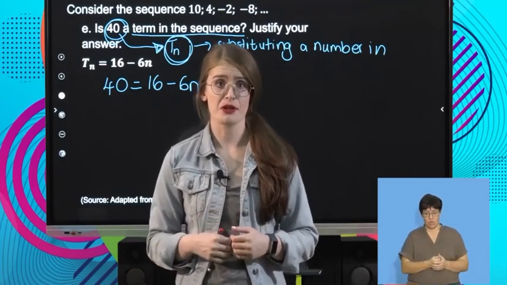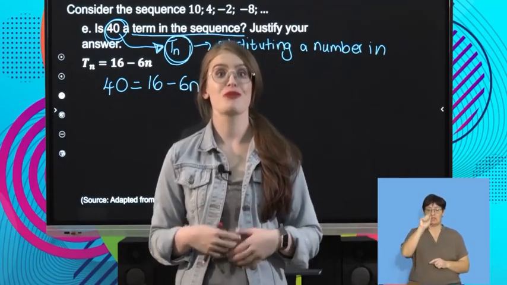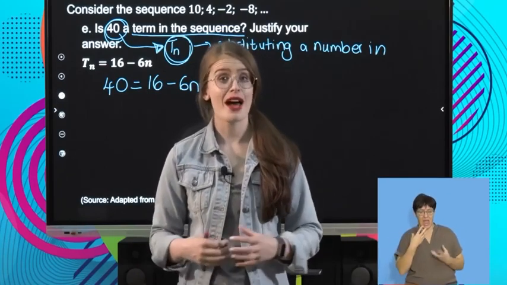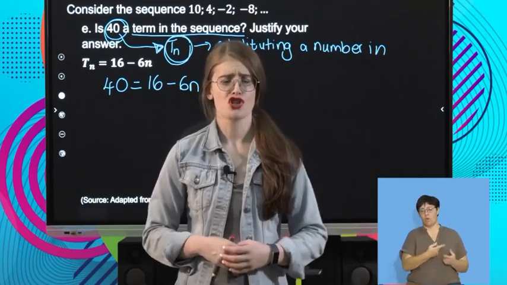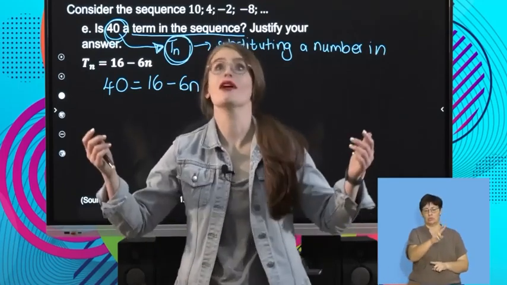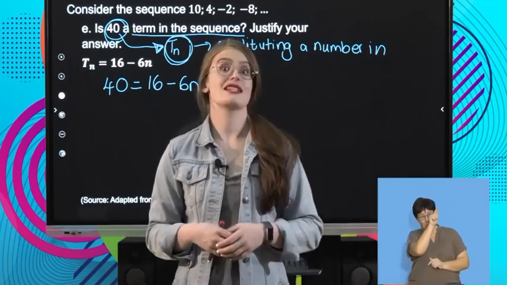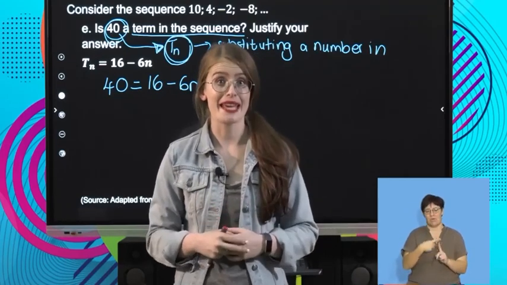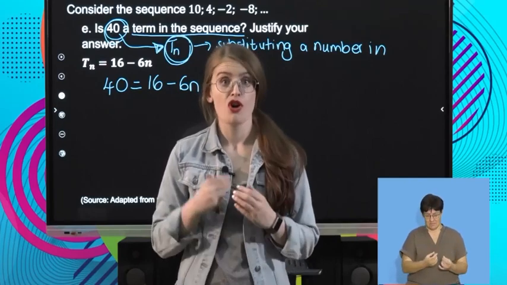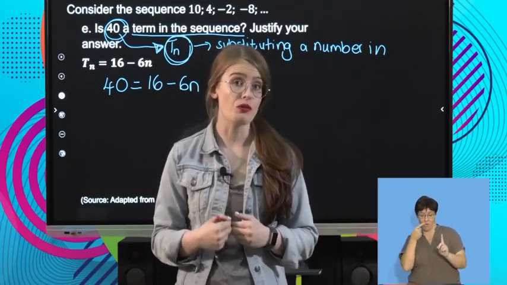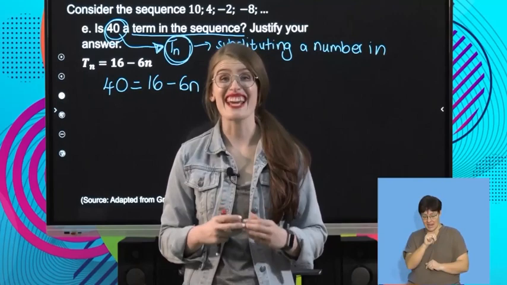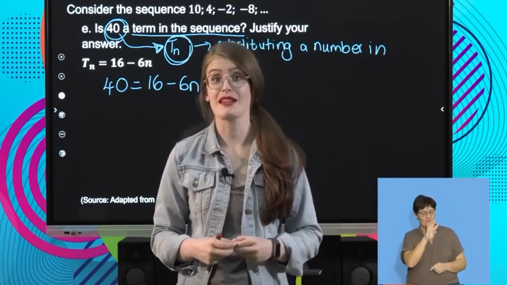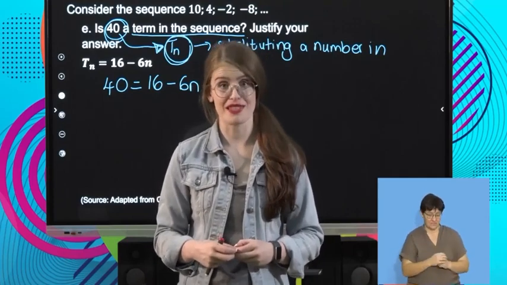We know this because I want to be able to determine term 2 of a pattern or term 100 of a pattern. I never have a situation where I say I want term negative 112 of a pattern or term negative a half of a pattern. It always has to be a whole number. So that's already telling me my whole goal for this question is to see if n is an actual whole number. If it's not a whole number, that means that 40 is not a term in the sequence.